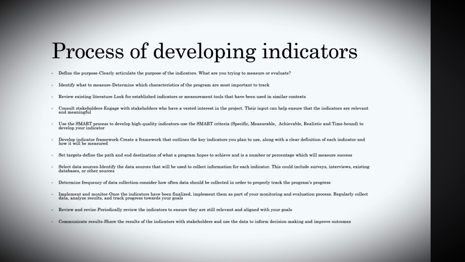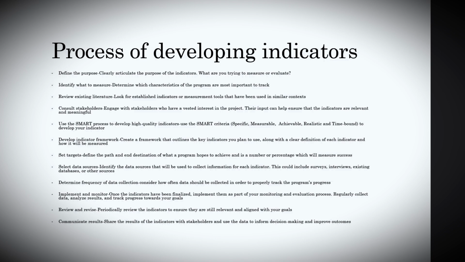We must determine the frequency of data collection. We must know how often our data will be collected in order to properly track the program progress. Finally, after we follow all those processes, we implement and monitor our indicators.